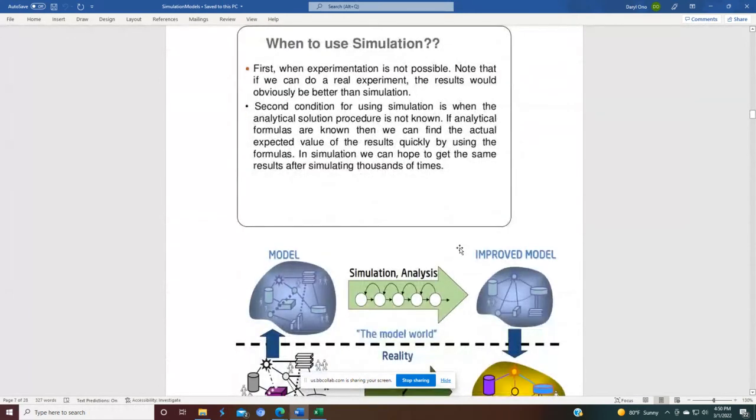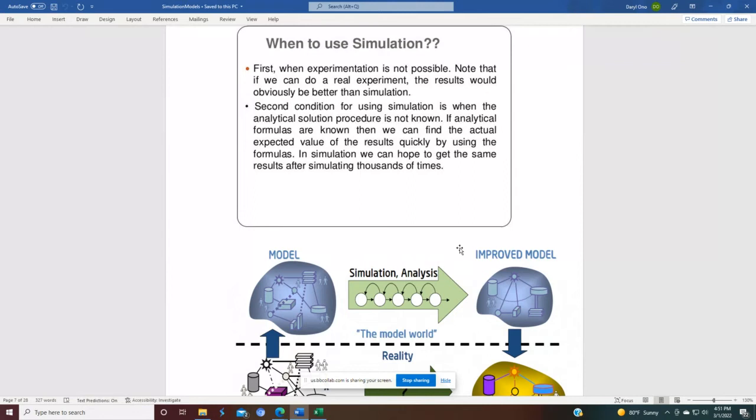Okay, so the next question then is, when do you use simulation? I have there when experimentation is not possible or not feasible for some reason. A real life experiment is better than a simulation. However, if the real life experiment is not possible or is very expensive, simulation can be a very good second choice.